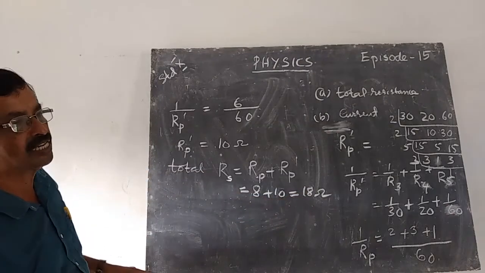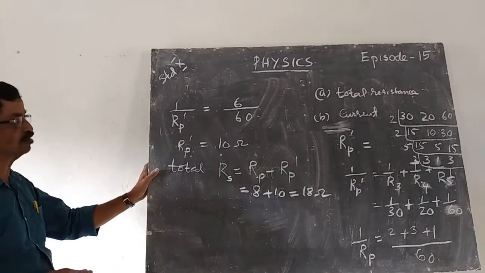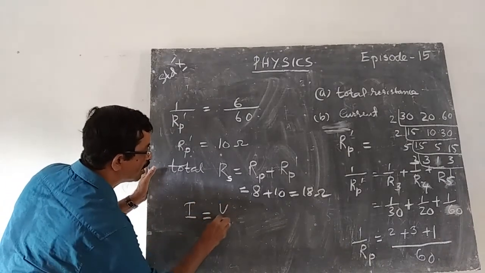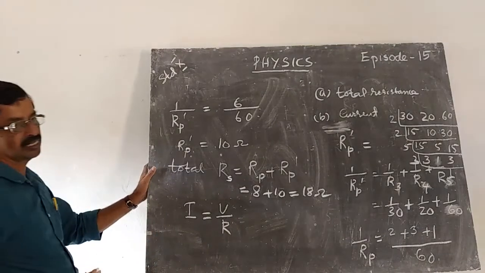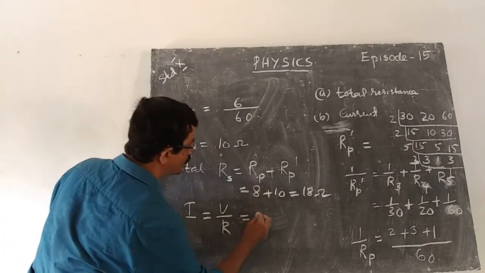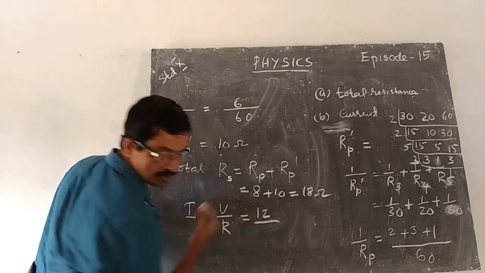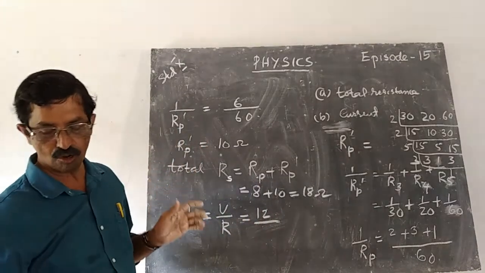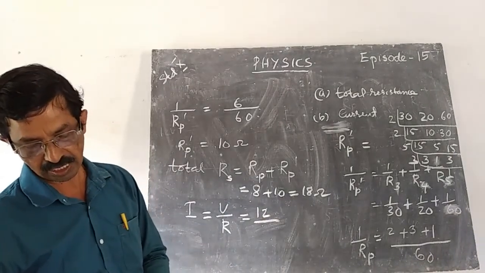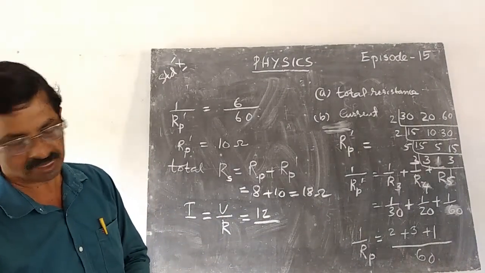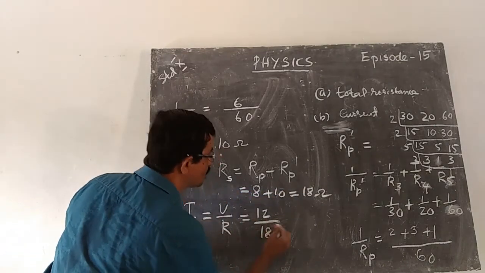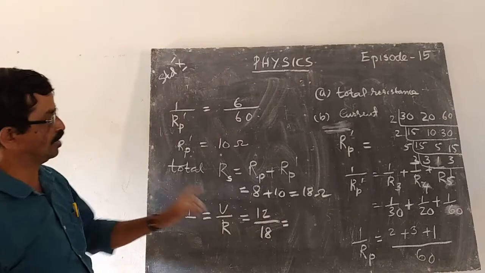Then we want to find the current through the circuit. Current I is equal to, we know, V by R. Here V is 12 volt, a 12 volt battery is given, and total resistance is 18 ohm.